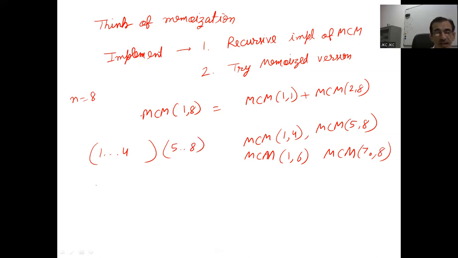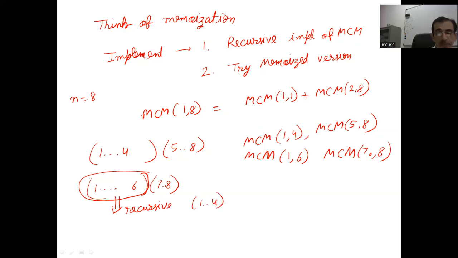The other side is I will multiply 1 to 6, so one parenthesis, and 7 to 8 as another parenthesis. Now, that effectively means ultimately 1 to x will be further solved later. Recursively, it will also try 1 to 4 also. Obviously, 1 to 6 has all permutations.